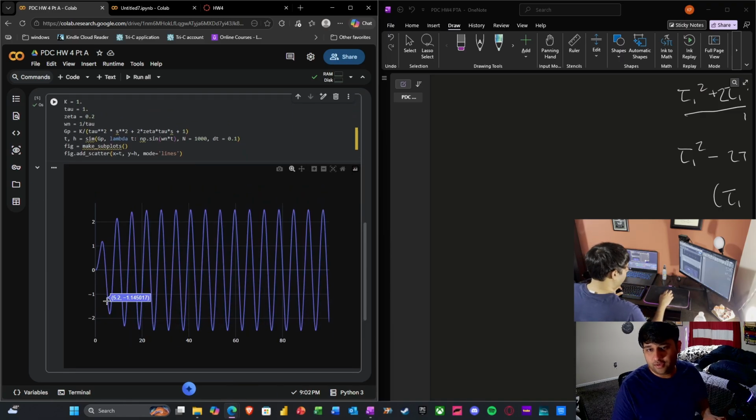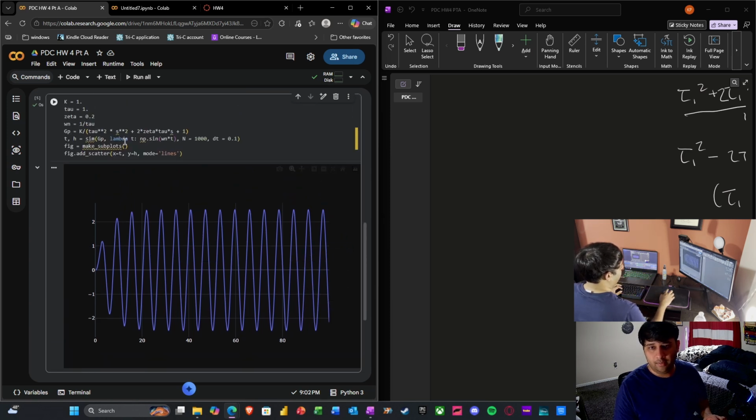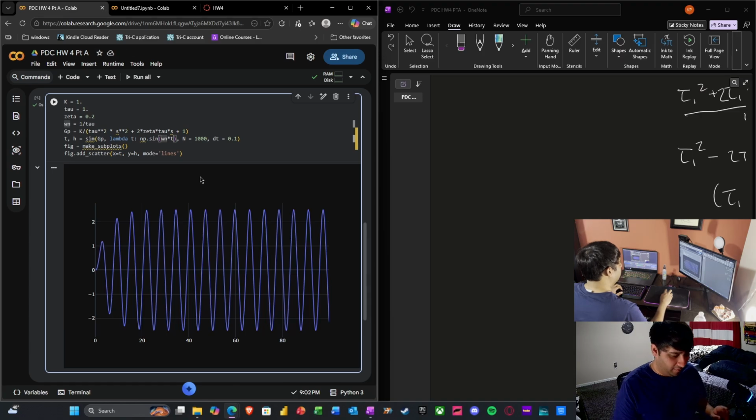As you can see, our oscillations are not as sporadic as up here. They're a little bit more constant. However, it is controlled by this WN value.